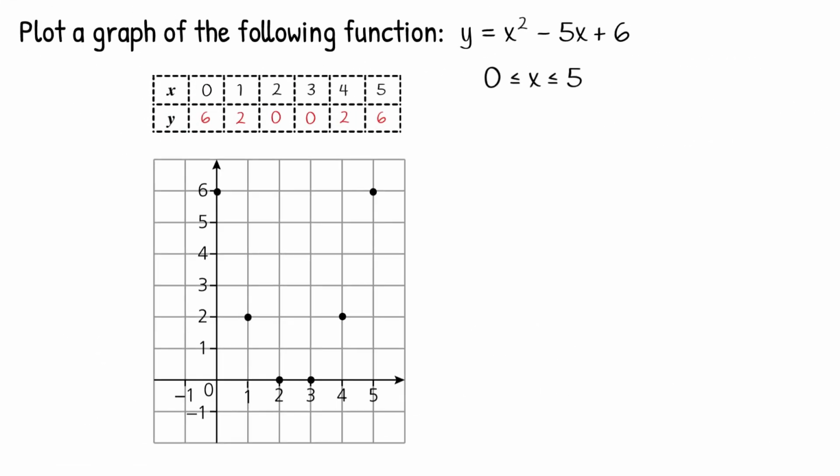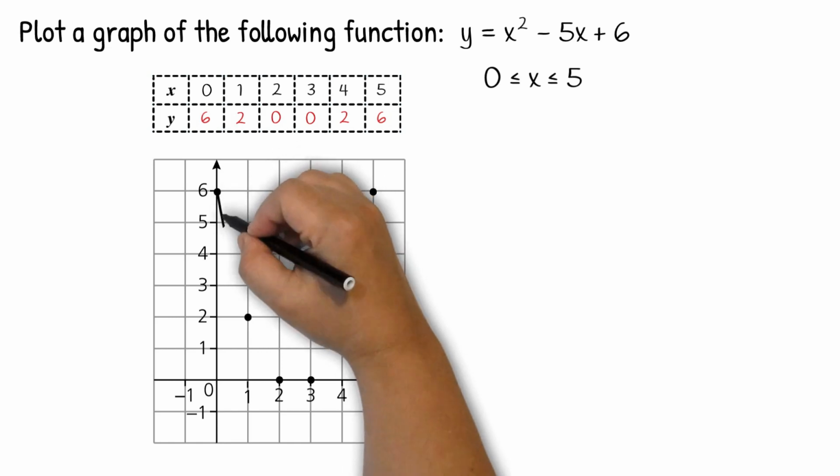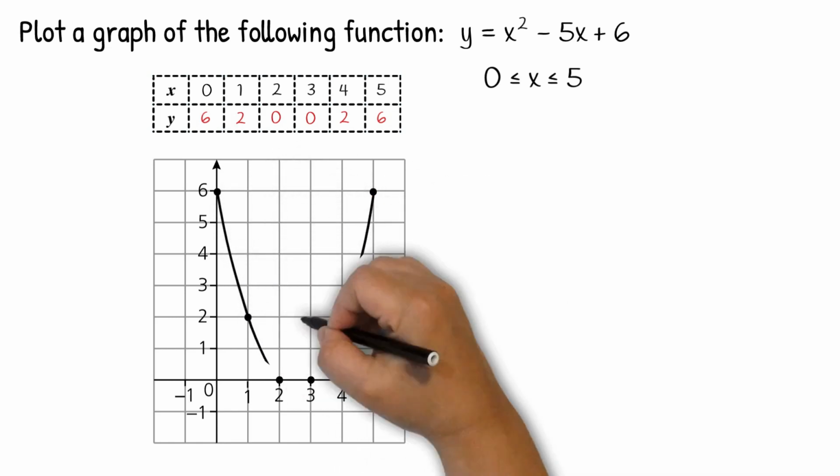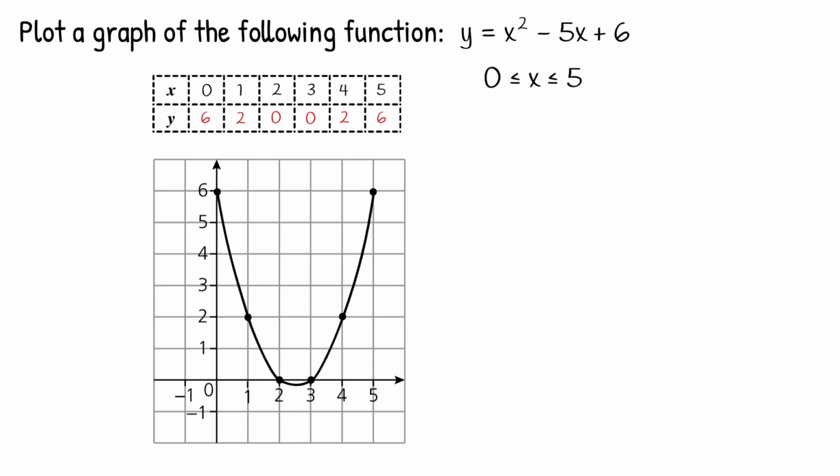In this example, we'll take a look at how you can go about finding the graphical solution of an equation. So this is the same example that we looked at in the beginning. And here we have the function y is equal to x squared minus 5x plus 6. Now, how can we go about solving this equation?